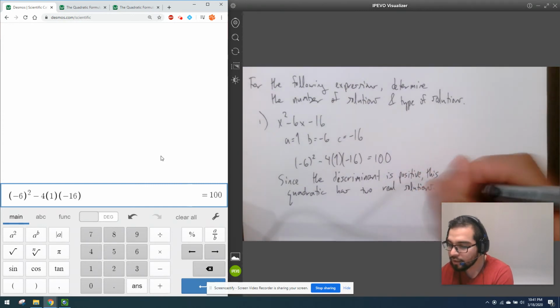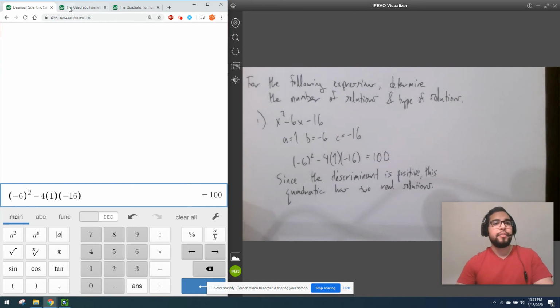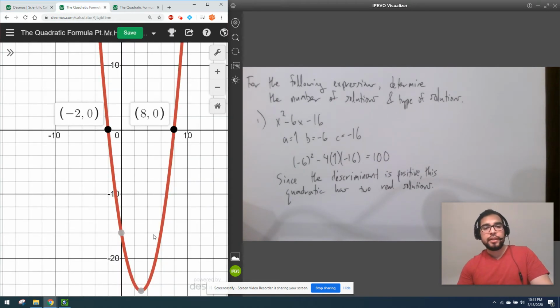Okay, so let's take a look at what that looks like graphically. If I take a look at this here, my solutions are -2 and 8. When y equals 0, these are the values of x, -2 and 8.